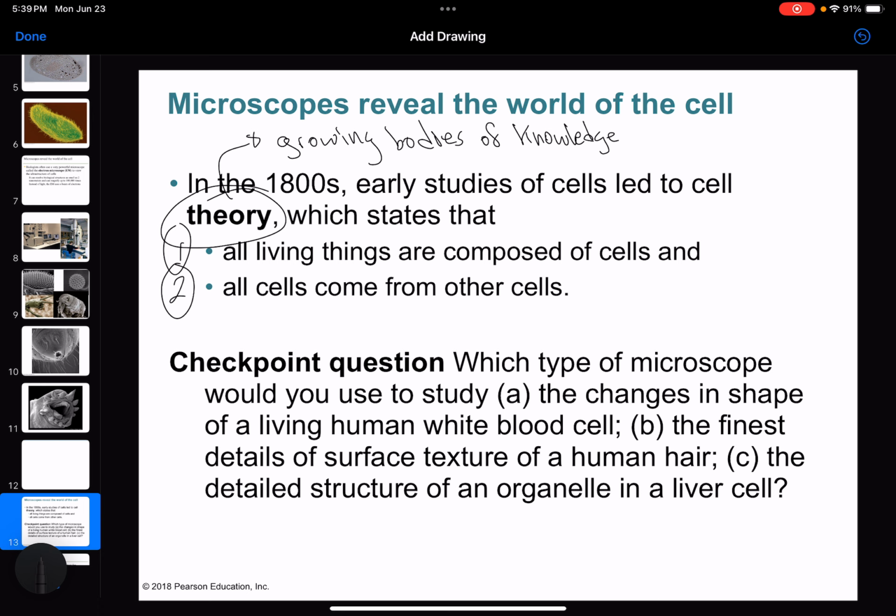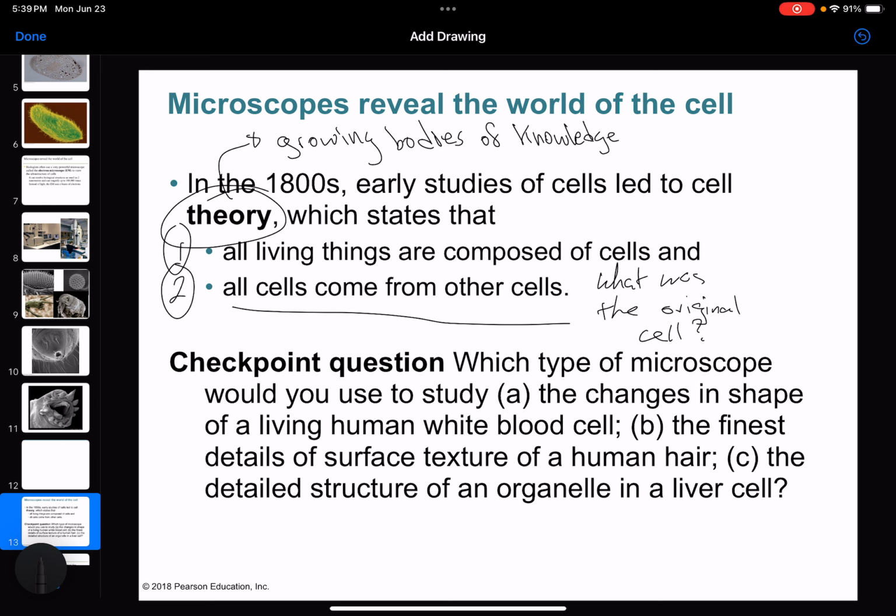Here's the other reason. If all cells come from other cells, you can keep going back in time. This cell came from this cell, which came from this cell, and so on. You can keep going way, way, way back in time. At some point, you're going to have to address what question? You're going to have to address what was the original cell?